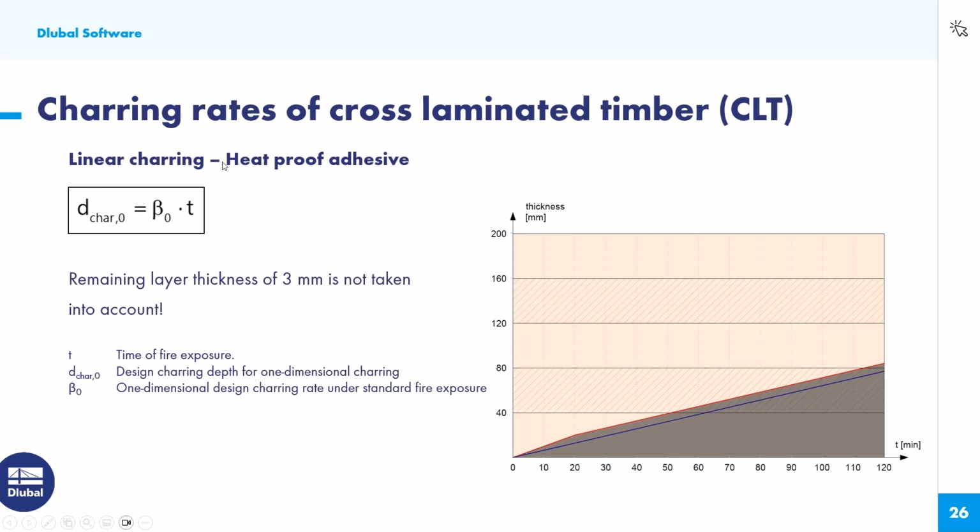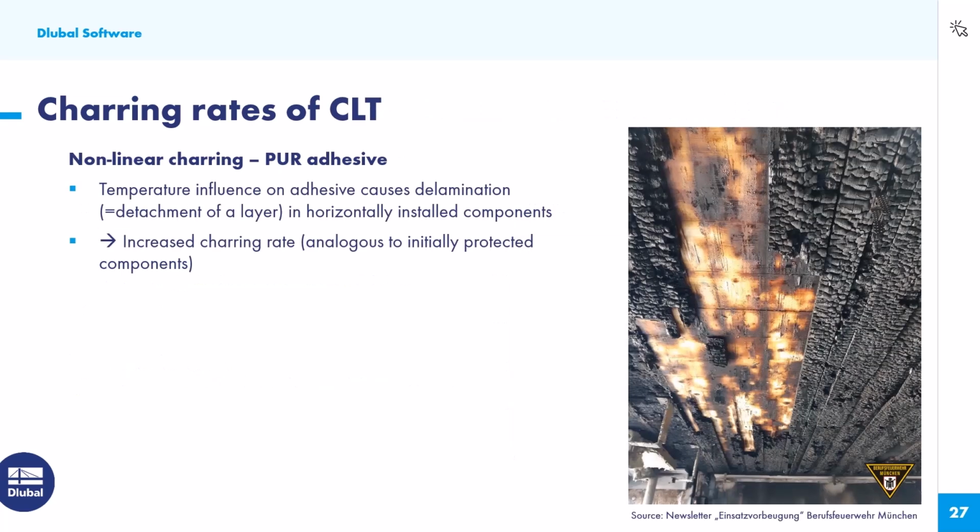And the linear charring can be used only for heat-proof adhesive. Mostly this is not the case for CLT, so I don't know any producer. Maybe there are producers which use heat-proof adhesive, but it is more common to use non-heat-proof adhesive, like the polyurethane adhesives. In this case, we need to consider a non-linear charring, because the temperature influence on adhesive causes delamination.